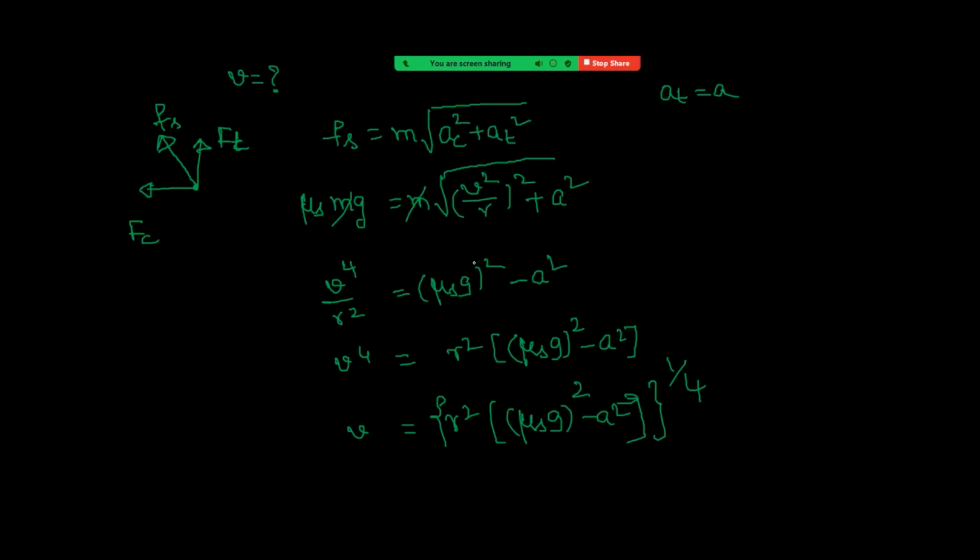So I hope you got clarity. The previous one and this one are both the same. The only change is that there we took AC as r omega square, right? And here we have taken v square by r. So the remaining calculation part is as it is.